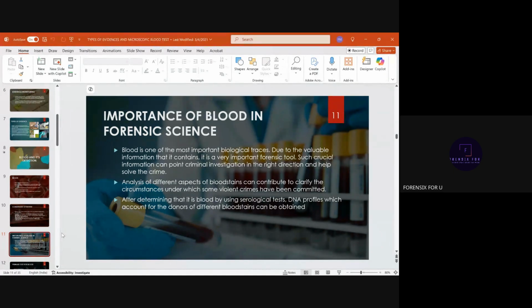Because according to the height, the spatter is going to begin at almost that point only, or somewhere up and down. You'll get an approximate idea as to what could be the height of the offender.